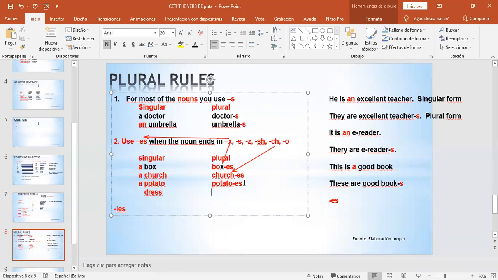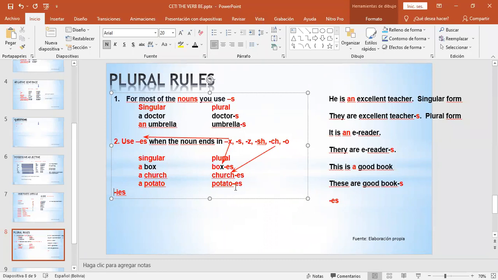Plural, dresses. Another example. In that way you have to pay attention. What's the ending of the word? And use ES. And the pronunciation is boxes, churches, potatoes.